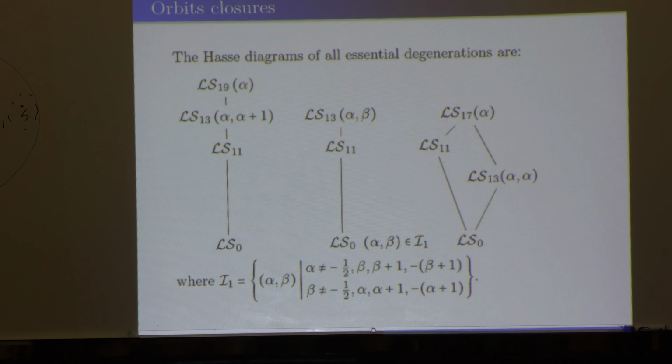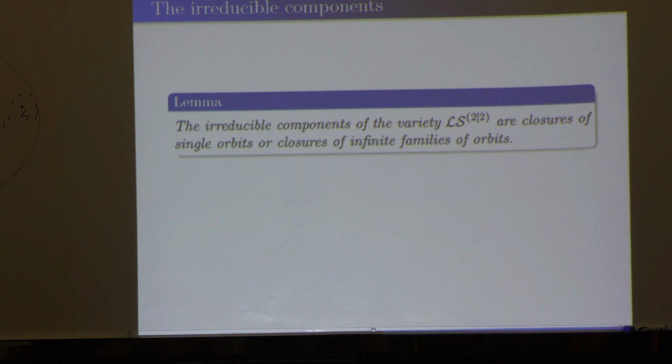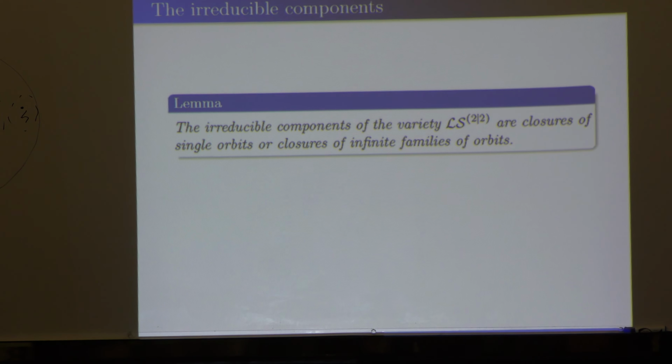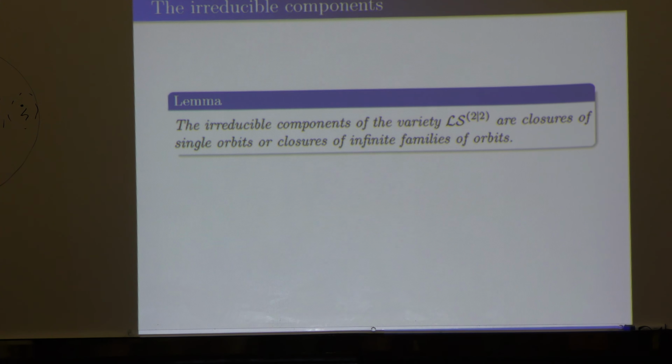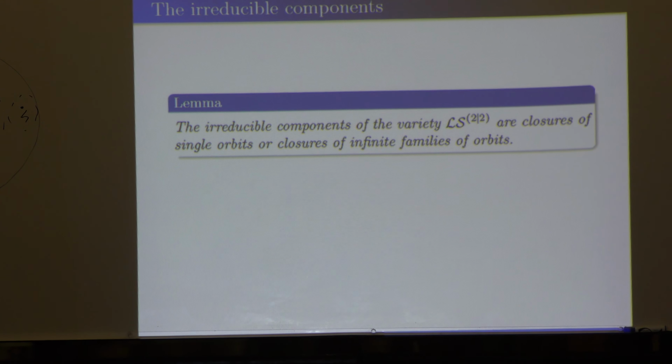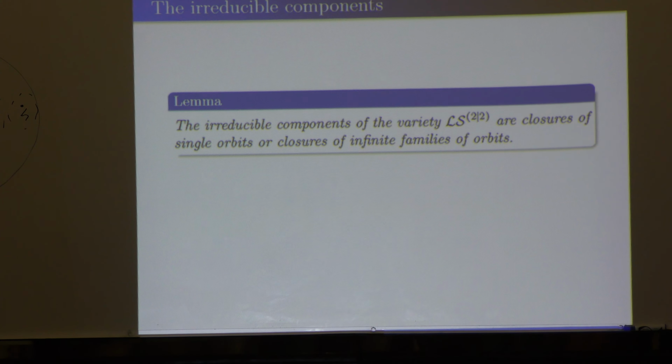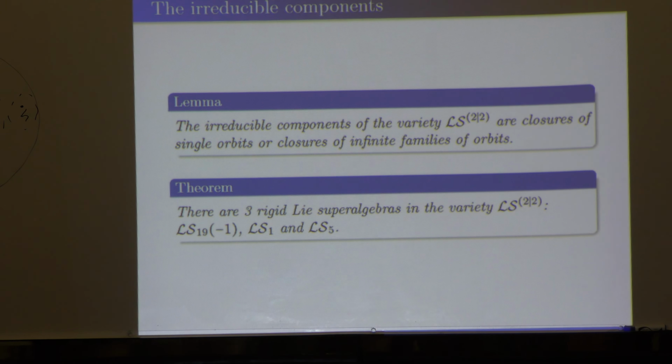It remains to find the irreducible components. It turns out that the irreducible components of every variety of Lie superalgebras are closures of single orbits or closures of an infinite family of orbits of Lie superalgebras.